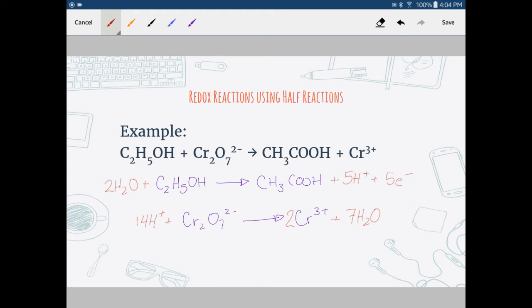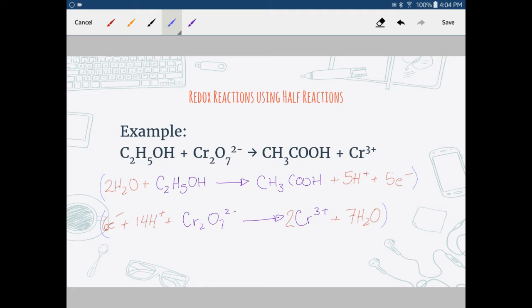Once I've added my 14 hydrogens, I have to balance my charge. On my reactant side, I have a net charge of positive 12, and on my product side, I have a net charge of positive 6, which means I need to add 6 electrons to my other side. When I compare my electron values, I have 5 versus 6, which means that I'm going to need to multiply each reaction by a common coefficient.